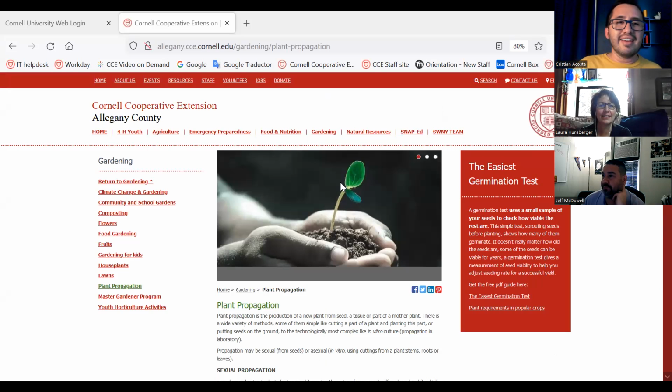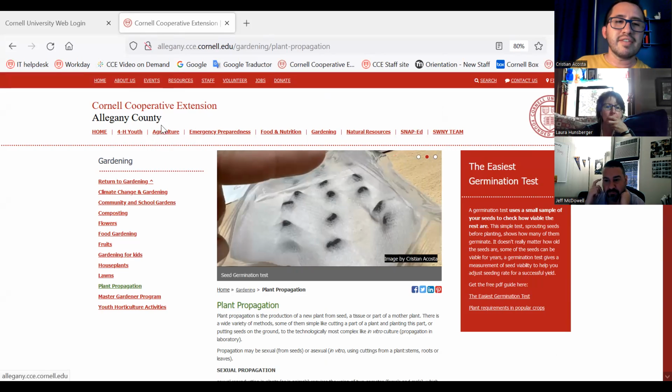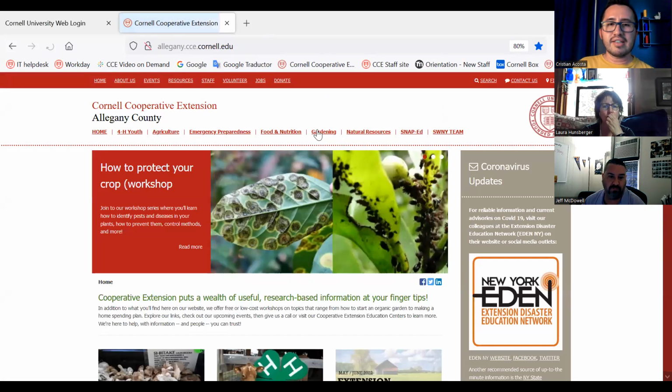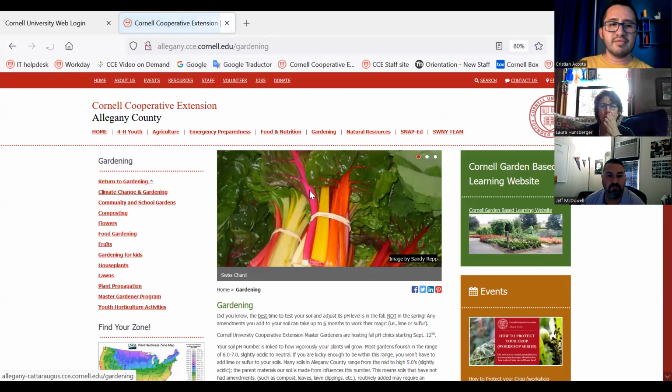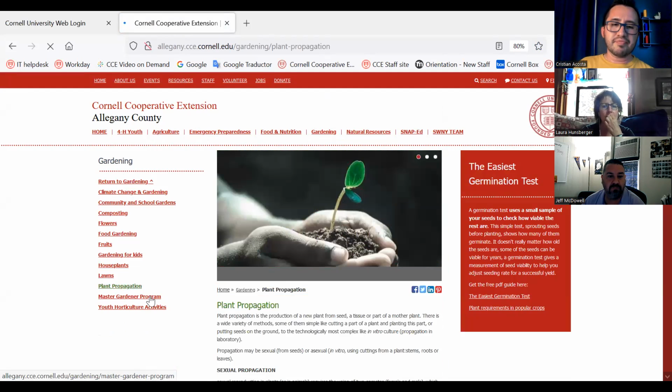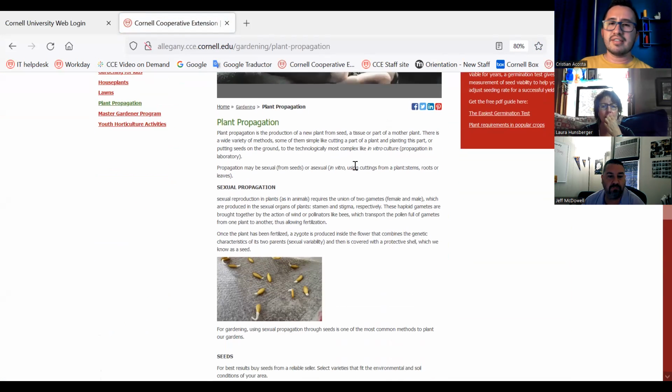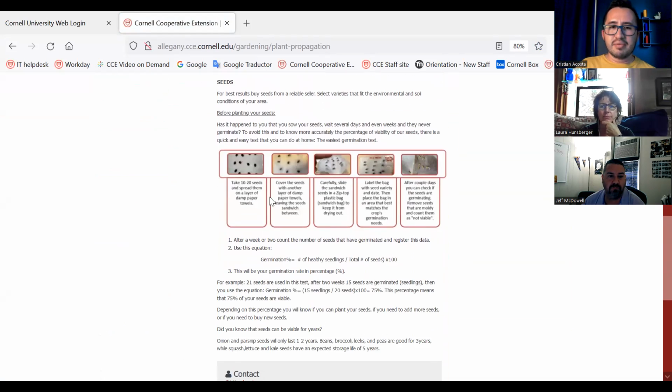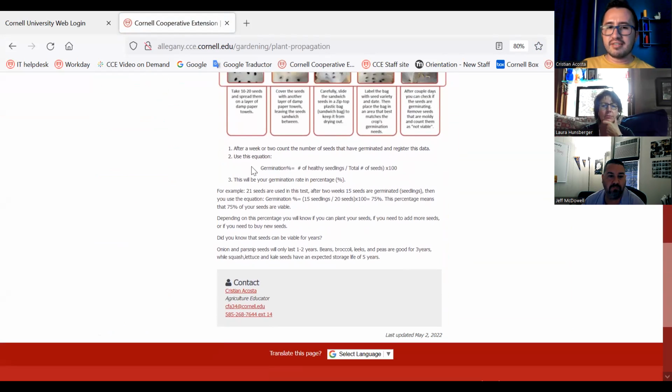Thank you. So this is now our Cornell Cooperative Extension website. In the gardening section, down here to the left, we see plant propagation, and we can see this easy germination test. This one, and here is this formula.